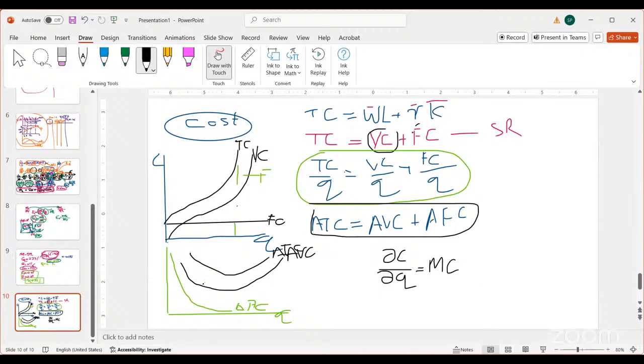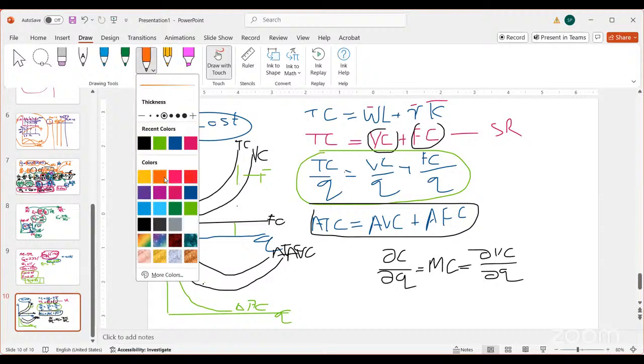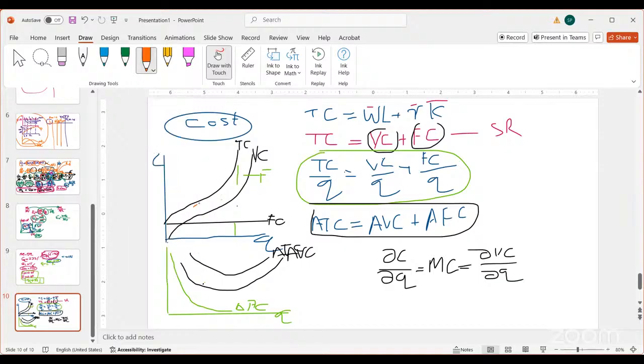Since the fixed cost is constant, you get the same result if you differentiate the variable cost curve with respect to Q. So that is the slope of either the total cost curve at different places or the variable cost curve. That goes here. Again, usually U shape, as a marginal cost curve.